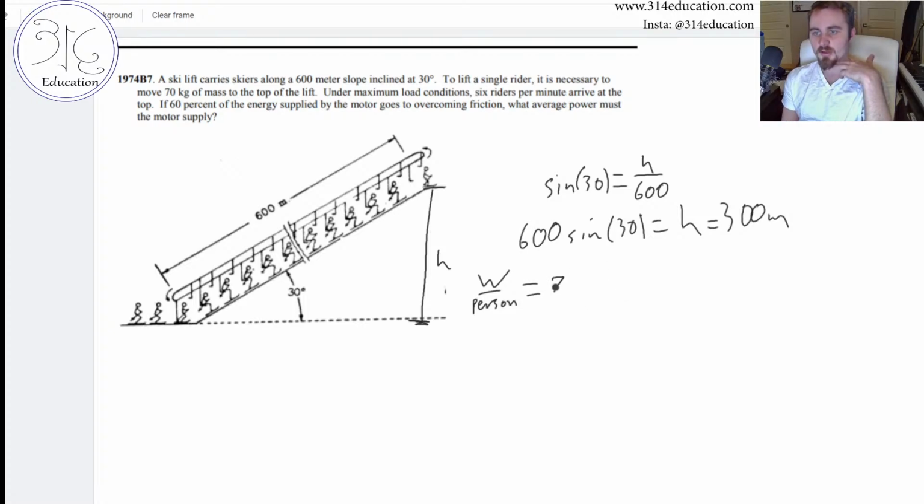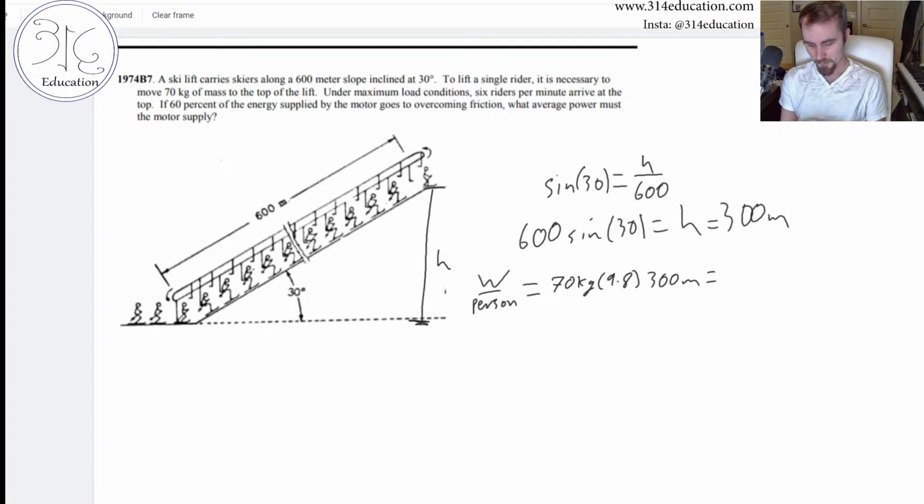So that's going to be our mass, 70 kilograms, times g. Let's use 9.8. Times 300 meters. And this isn't going to be meters per second squared, I just forgot to write it. That's okay. And this gives us a value of 700 times 300, about 21,000 maybe?